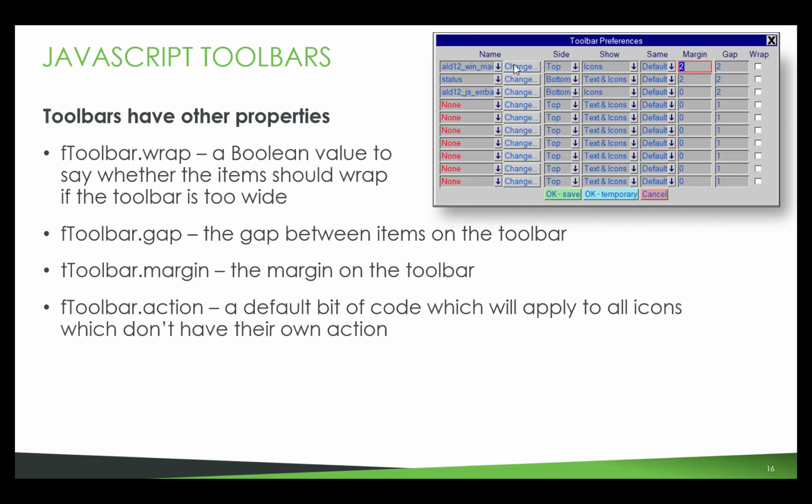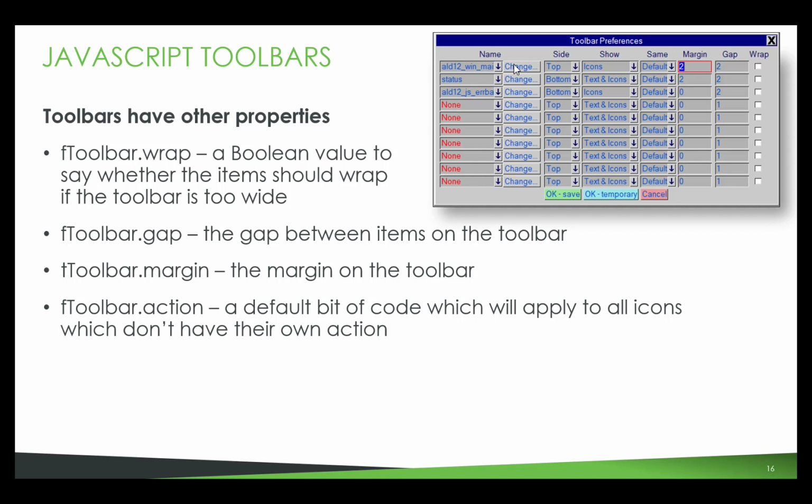As in the Toolbar Preferences dialog box, there's a number of other properties that you can set on toolbars. So there's the wrap option, and that specifies whether the toolbar items can wrap if the toolbar isn't wide enough to show all of the items. You can specify the default gap between the items on the toolbar. You can specify a margin on the toolbar, and this is slightly different, and this isn't available through the interface, but you can specify a default action for the items on the toolbar.